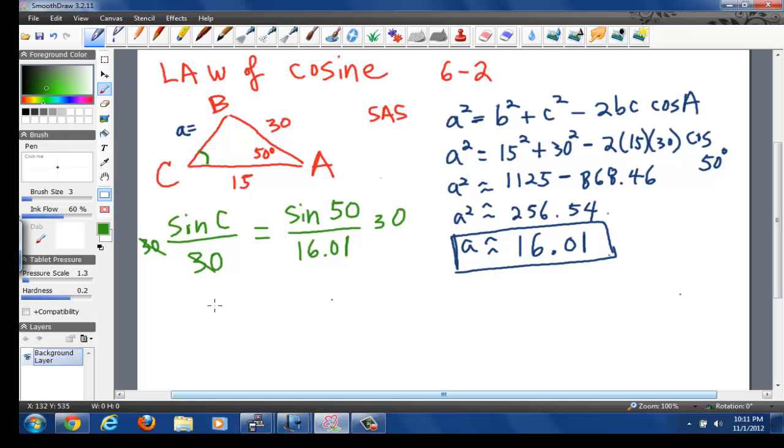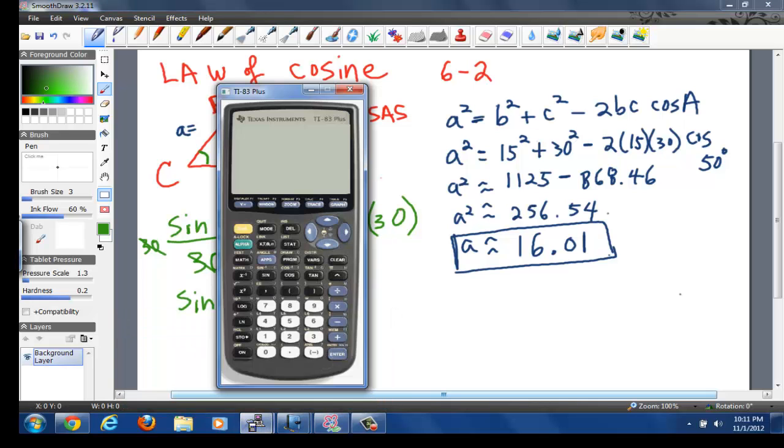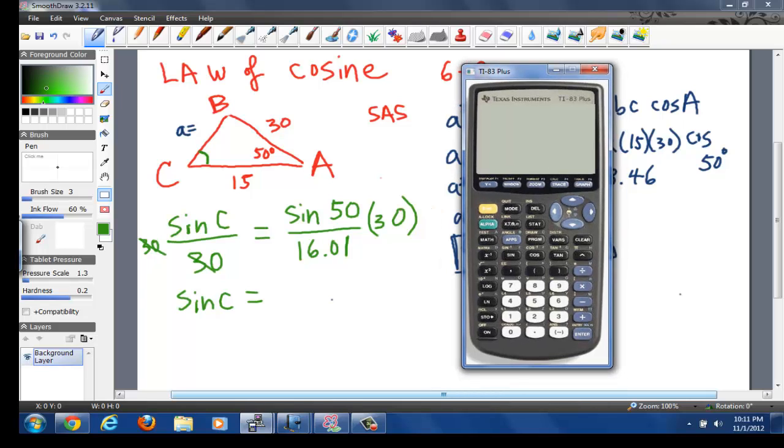So now we're gonna multiply left and right by 30, and this cancels out. So we get sine of C is equal to sine of 50 divided by 16.01 times 30.